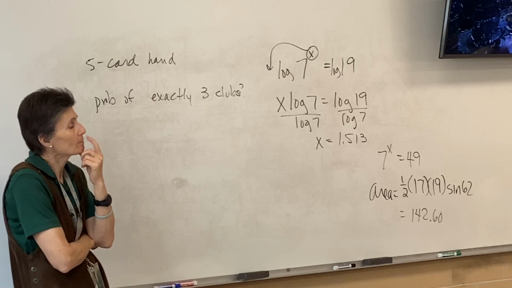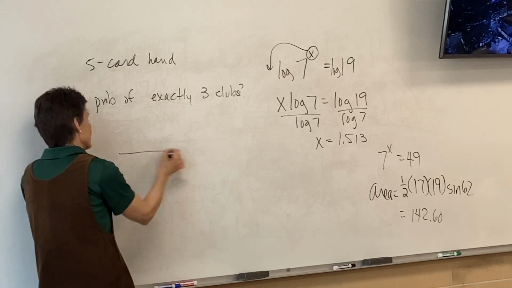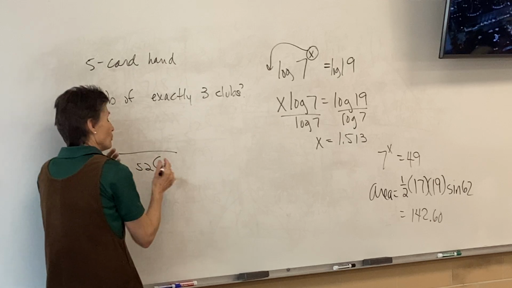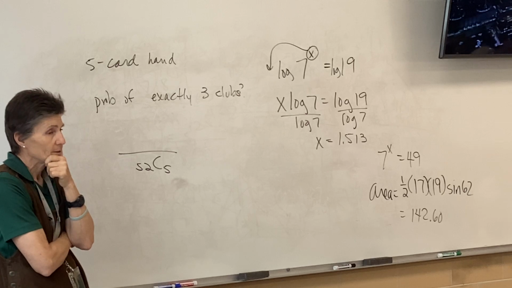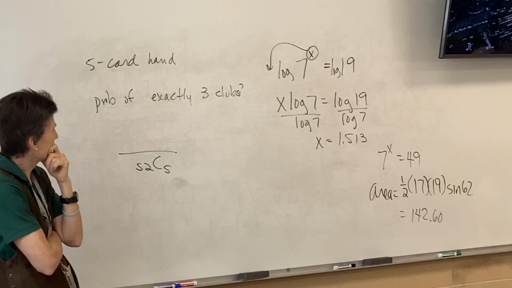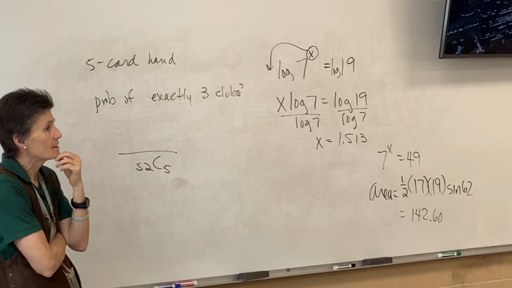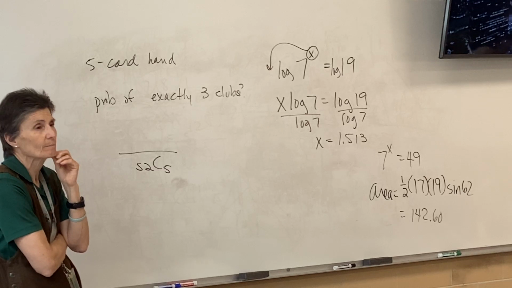What's our denominator? Everybody ought to get partial credit just from that, right? 52C5 is your denominator. Now what goes on top if we want exactly 3 clubs?